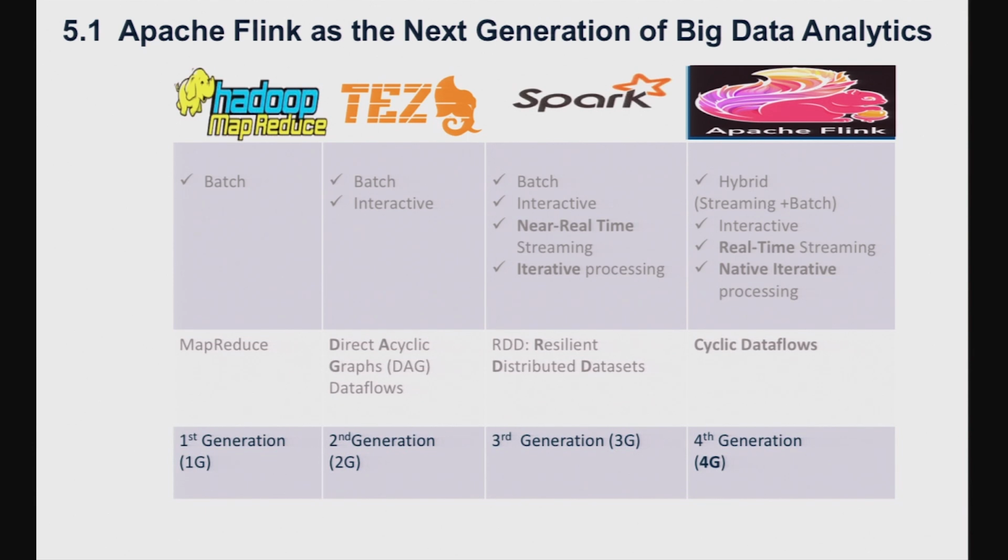Then Spark came along. I didn't put Storm here because Storm is not a general purpose engine. It is very specialized for stream processing. It does only one thing, whereas these tools are general purpose data processing engines. Spark is also a batch engine, but it is able to do near real time by simulating real time stream processing using micro batches.